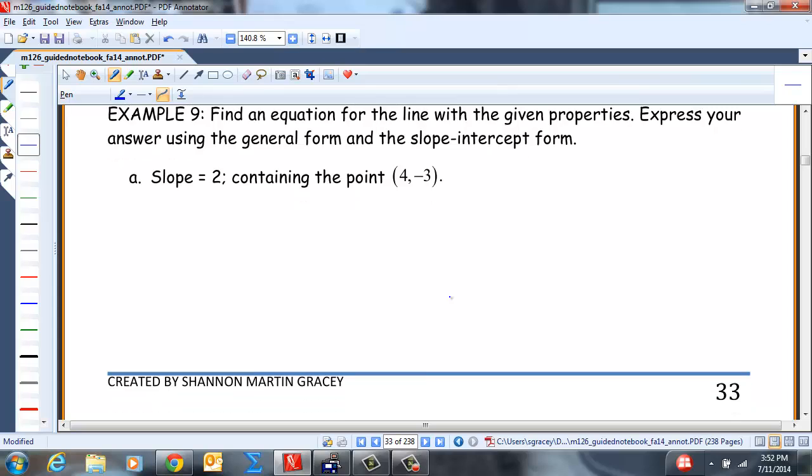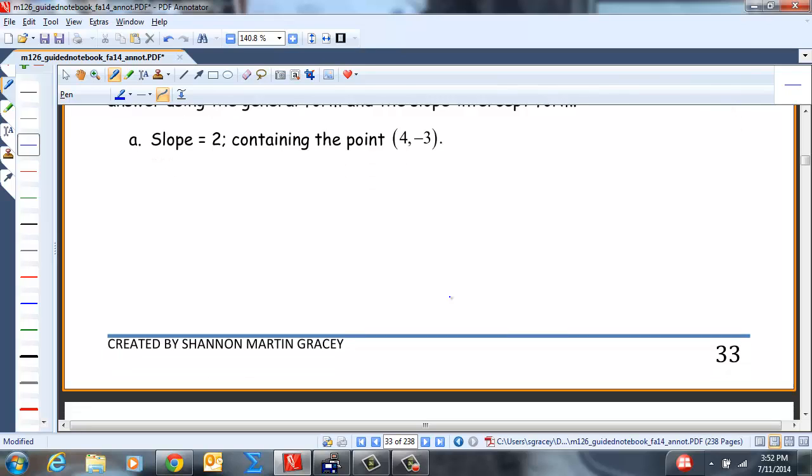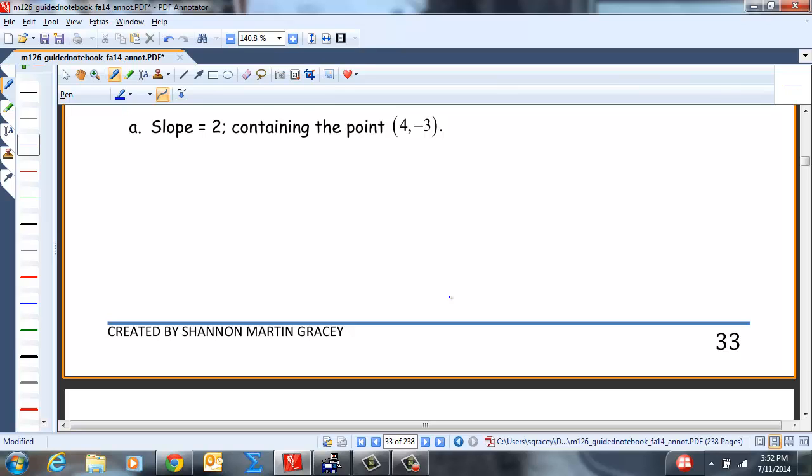Okay, so let's see, and notice the directions instruct us to use general form and slope-intercept form. But we'll be using point-slope form in order to get to the point where we can look at those other two formats. So we've been given that the slope is 2 and the line contains the point (4, -3). So we've been given the slope and a point that is not the y-intercept.